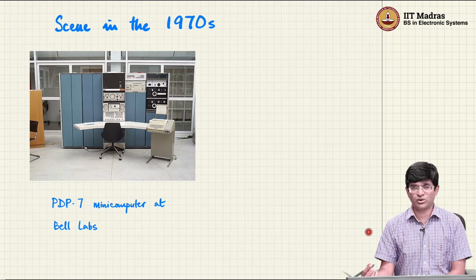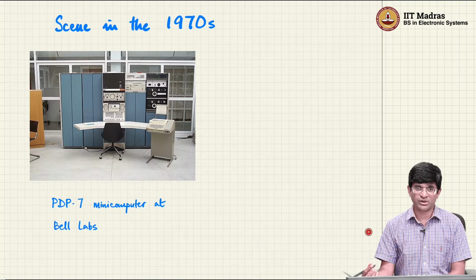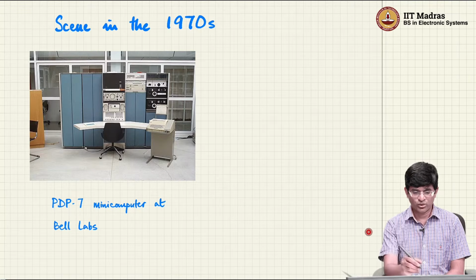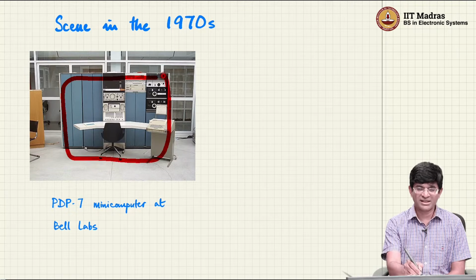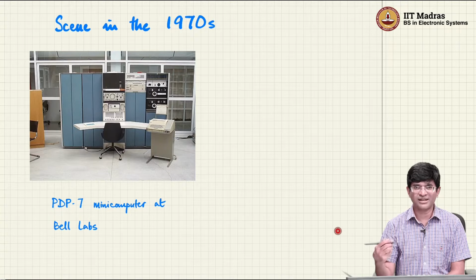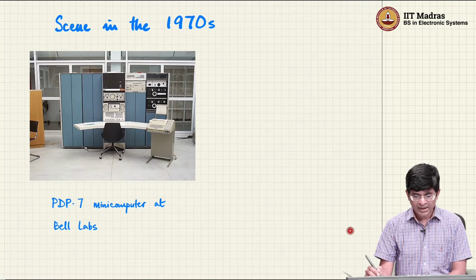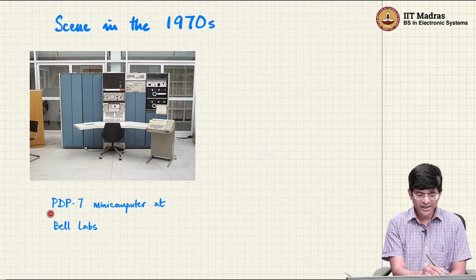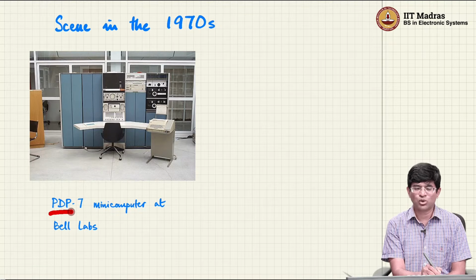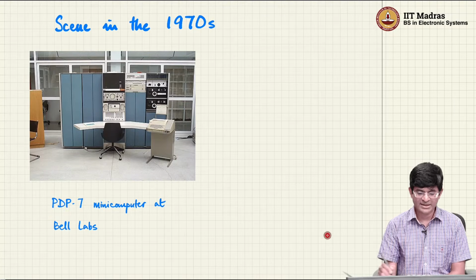The first thing, there were no microcomputers, right? This was a mini computer, right? And you can imagine if a mini computer was this big, then what a regular computer looked like, right? It literally occupied probably the whole room, right? And PDP stands for Programmed Data Processor or Programmable Data Processor, depending on who you ask, right?